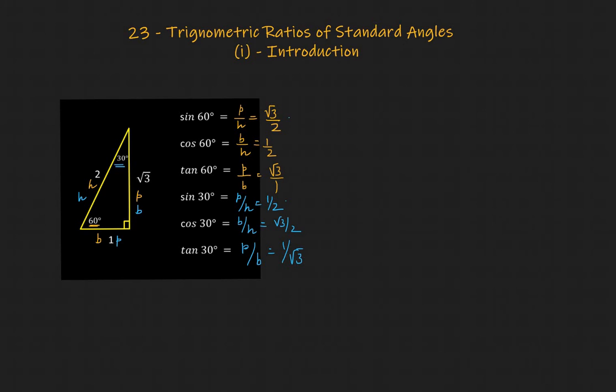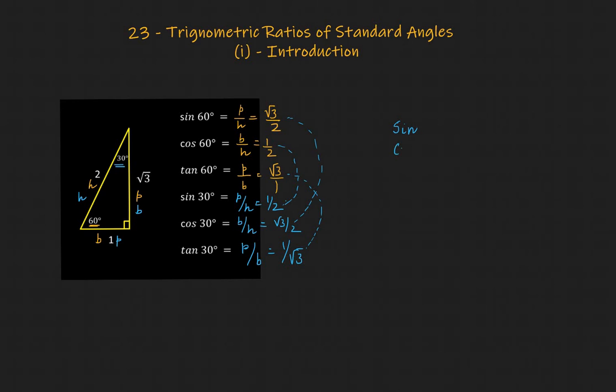So what you can see is sine 60 is the same as cos 30, cos 60 is the same as sine 30, and tan 60 is the reciprocal of tan 30. It's nice to see these patterns as you do these. Some people like to remember this in a tabular form.